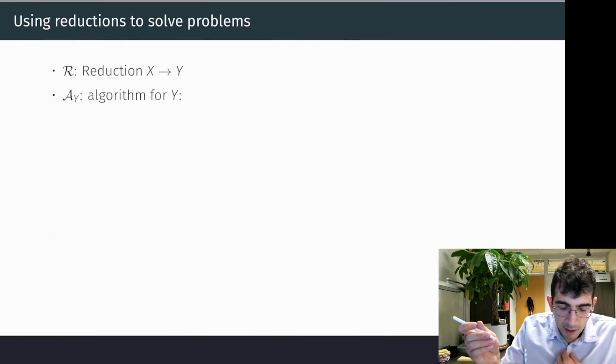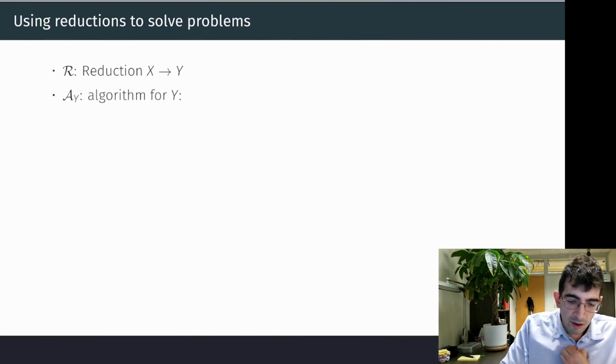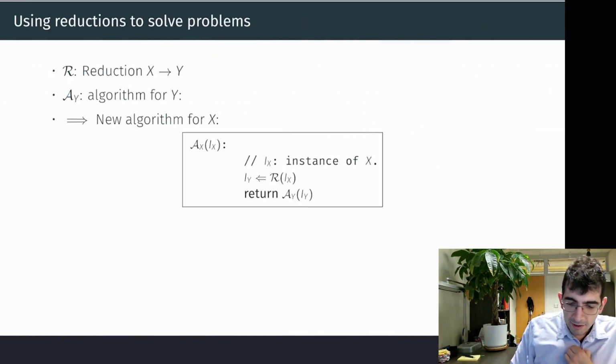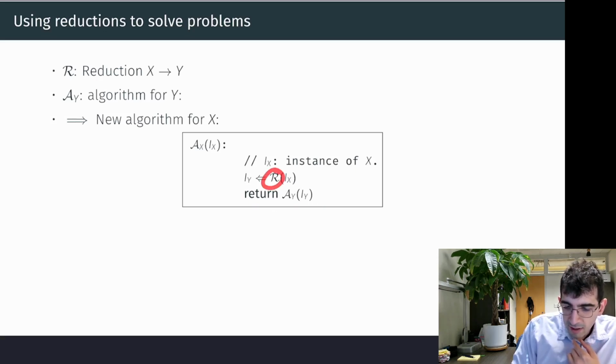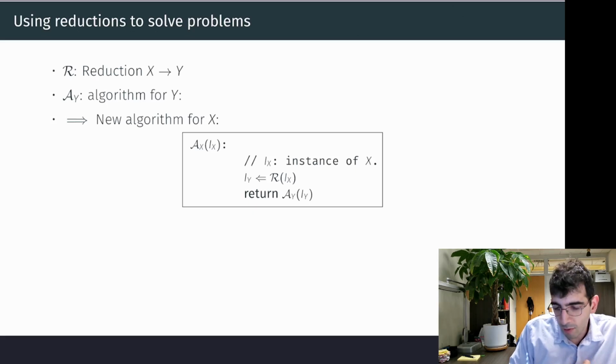So we use the reductions to solve the problem, i.e. if we have an algorithm for Y, then all we need to do, the reduction itself, is simply a function that turns the yes instance of X into the yes instance of problem Y. And similarly, if Ix is a no instance of X, then Iy has to be a no instance of Y. So it has to be true for both yes and no instances.